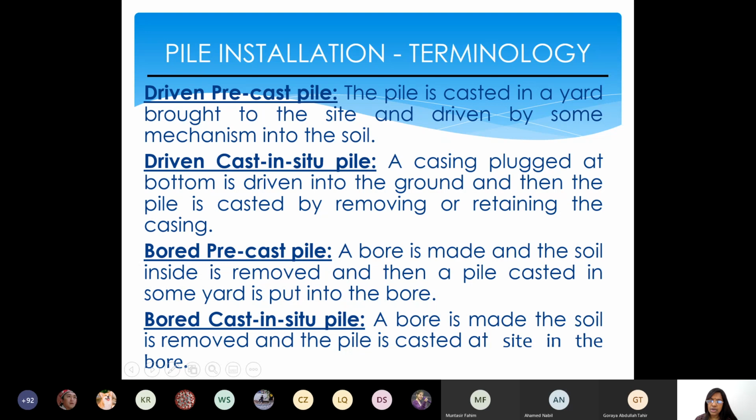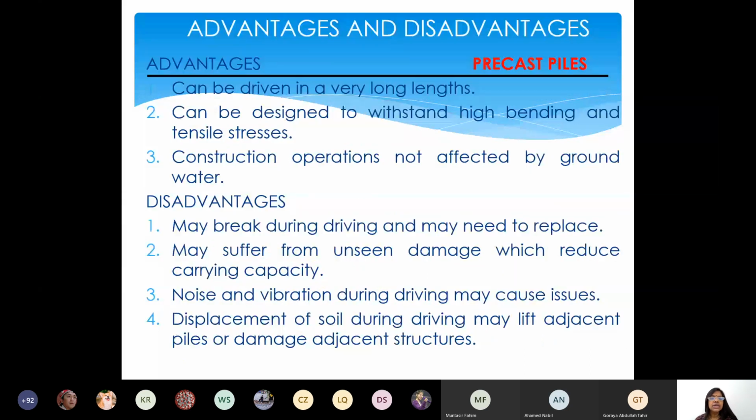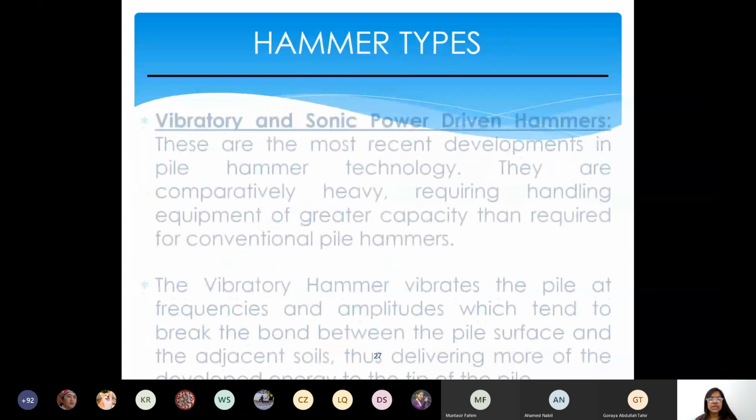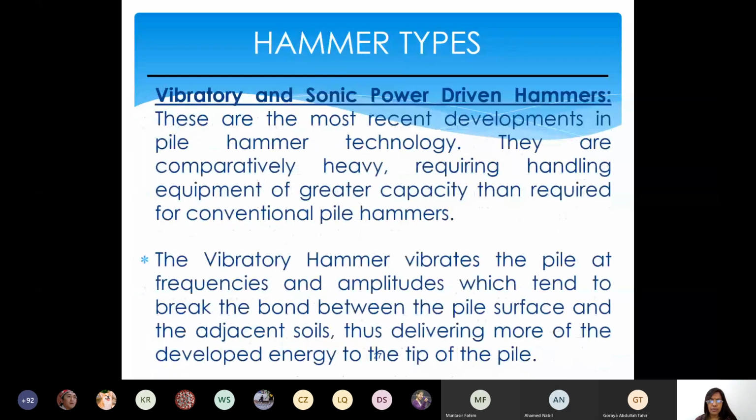So a hole is created, concrete is poured, and the casing is removed. We'll see one by one how it is. If I talk, you will not understand. Before I go into all these things, let's see the video.